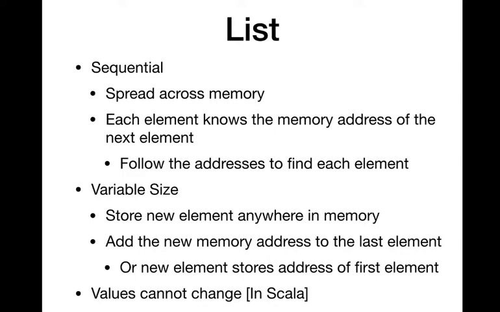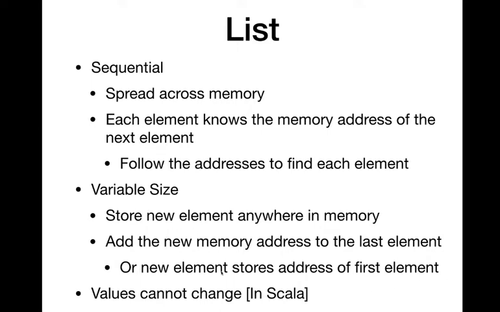And when I have the first element of a list, that element will store the value, the first value in the list, and also a reference of where in memory you can find the next value in the list. So I can take that reference, jump to the next value, and at that value, I can find the reference for the next value, and then just keep jumping all over memory by following these references to get the data that I need or iterate through all of the data in the list.